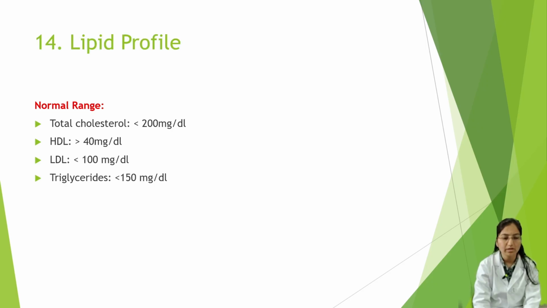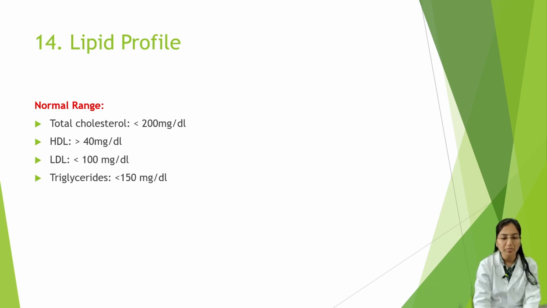Next we'll see the lipid profile. Normal range is total cholesterol less than 200 mg per dl, HDL, that is high density lipoprotein, greater than 40 mg per dl, low density lipoprotein LDL less than 100 mg per dl, and triglycerides less than 150 mg per dl.